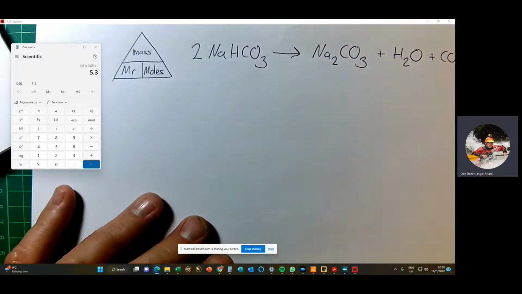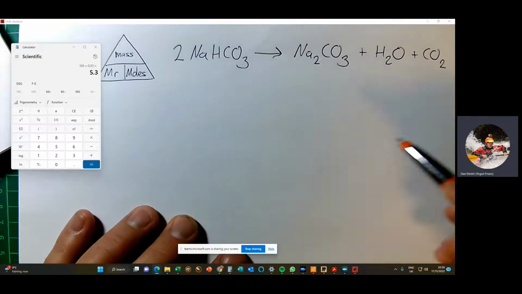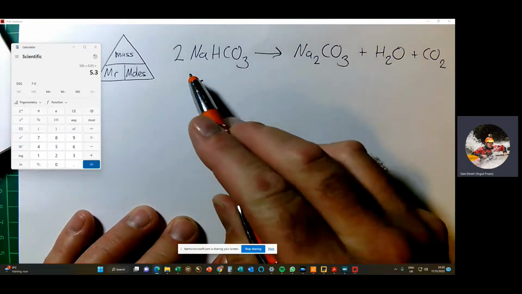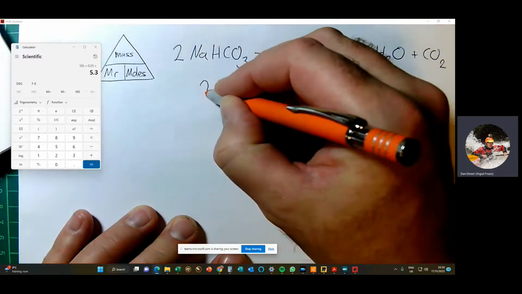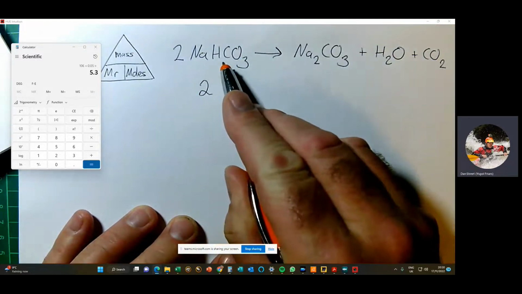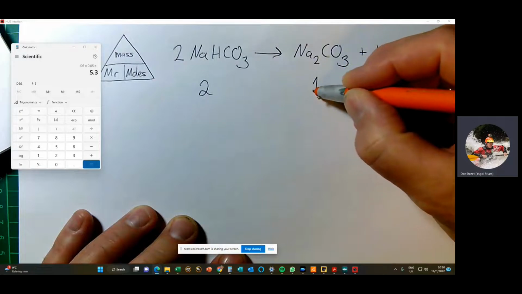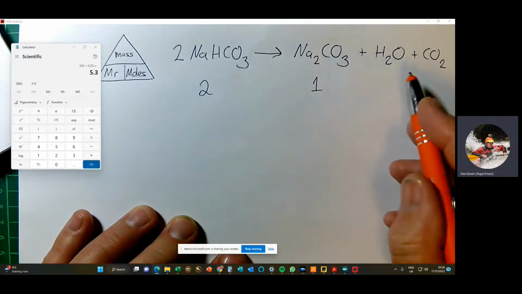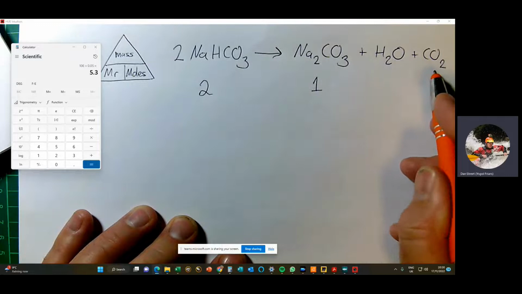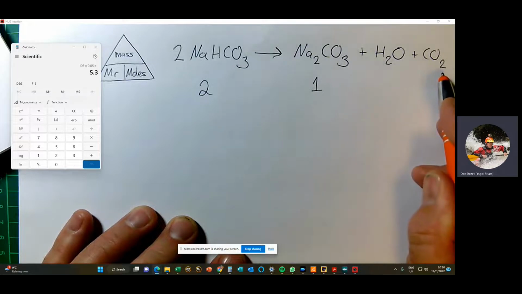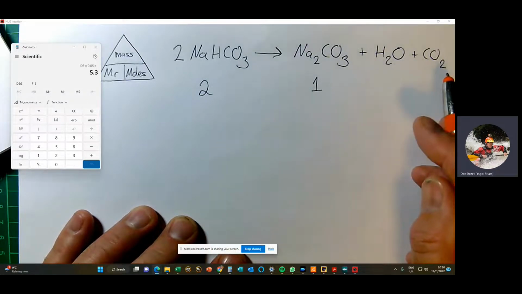Now, as far as this question is concerned, information that we need to take from here is that 2 moles of sodium hydrogen carbonate are required to make 1 mole of sodium carbonate. These 2 chemicals, for the purposes of this question, we don't need to worry about, because the question only mentions sodium hydrogen carbonate and sodium carbonate.